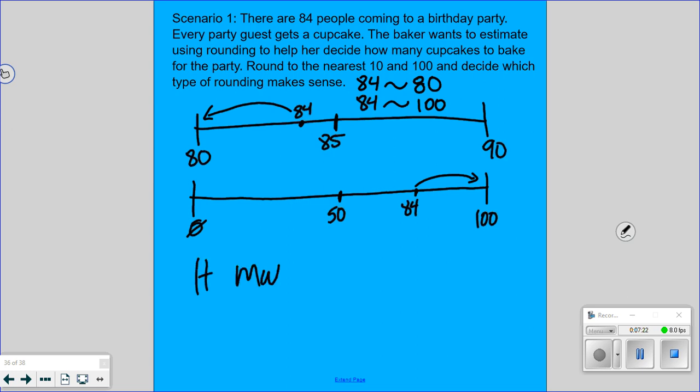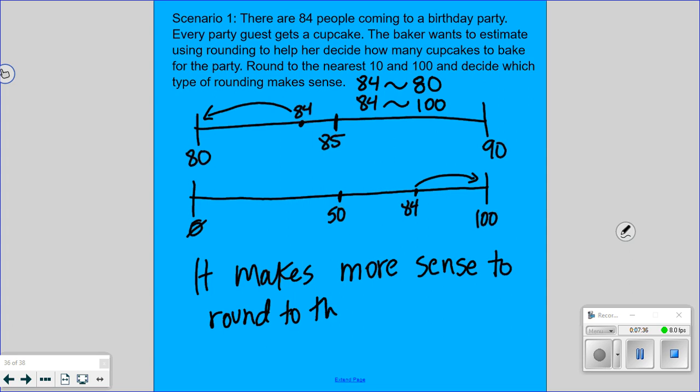If you don't have a sentence, write one or you can copy the one that we're writing together. It makes more sense to round to the nearest 100, pretty much, so we have extras, right?